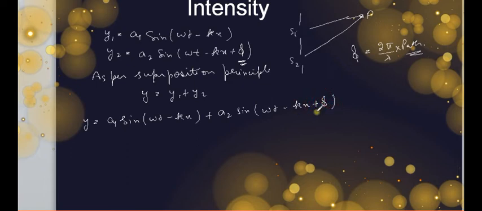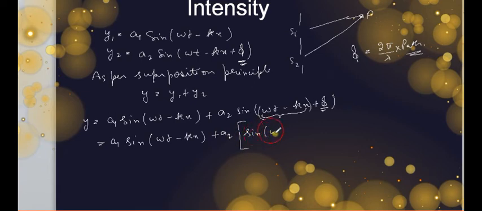Now consider omega t minus kx as a separate term and this phi as a separate term. Here we will apply the formula sine a plus b, so it will be a1 sine omega t minus kx plus a2 sine a cos b plus cos a sin b.